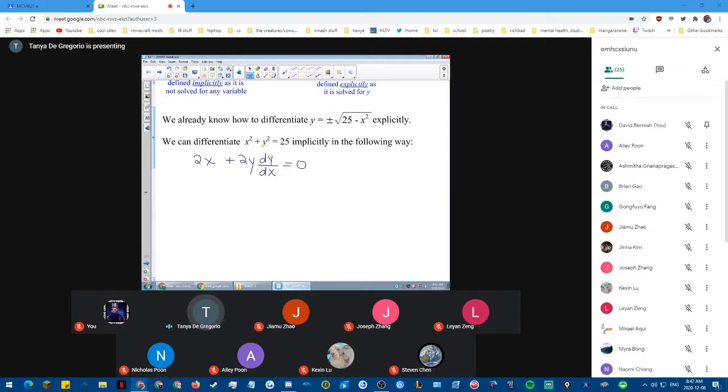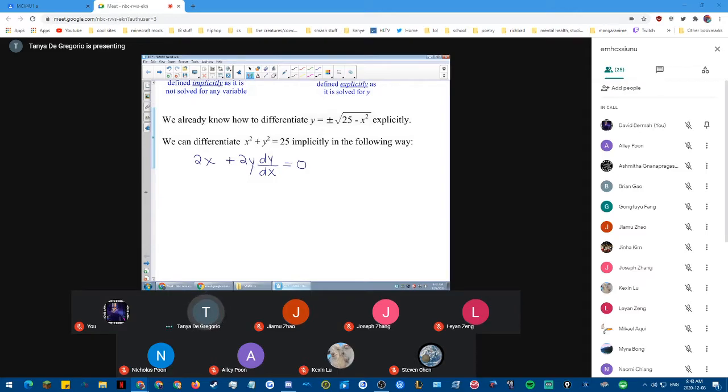So what's the difference here? When I take the derivative of x squared, it's just 2x. But when I take the derivative of y squared, I take the derivative 2y, and now I have to multiply by dy/dx, which is the same thing as, what's another way to write dy/dx? Y prime. Yes, and that's probably what you're going to use mostly rather than dy/dx.